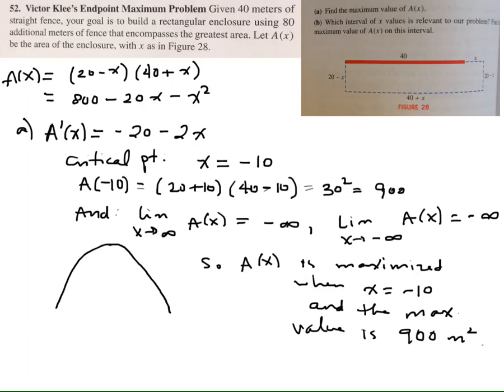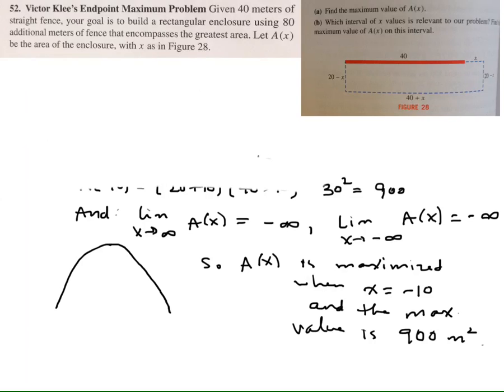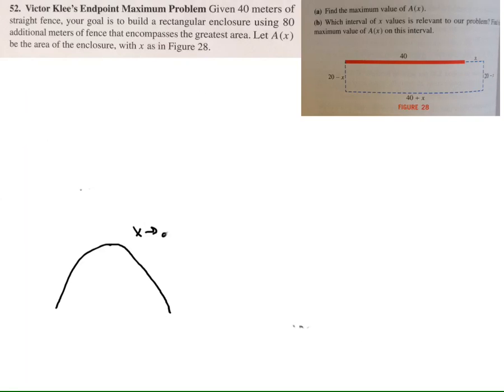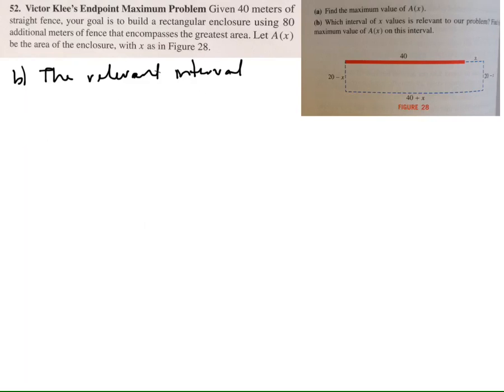So let me erase this to give us some space for part B. Okay, so for part B, yeah, so the smallest x can be is 0, and it could be 0.